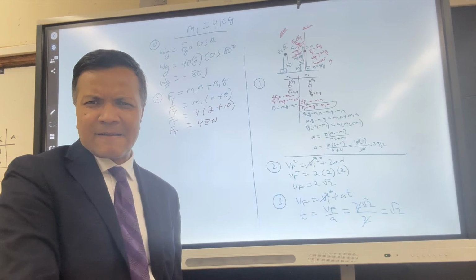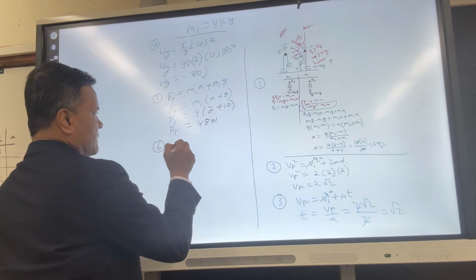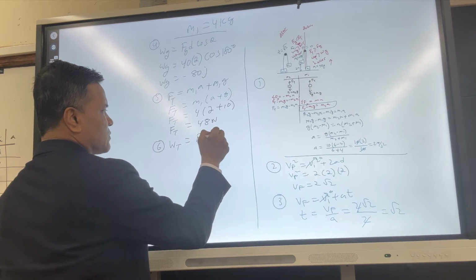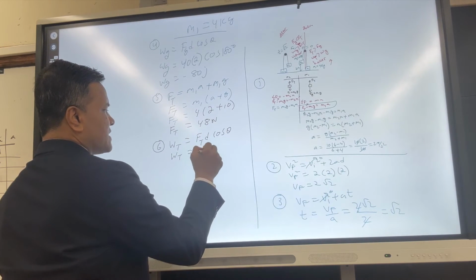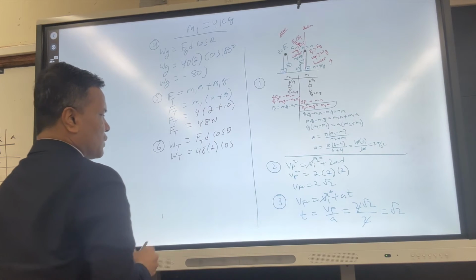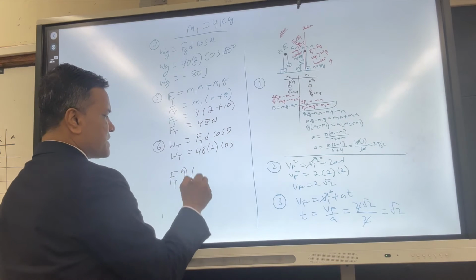Okay, that's our Ft. Now, number 6, work done by the tension force. Ft cosine theta. Ft is 48, d is 2, cosine theta. Ft is up and displacement is up.